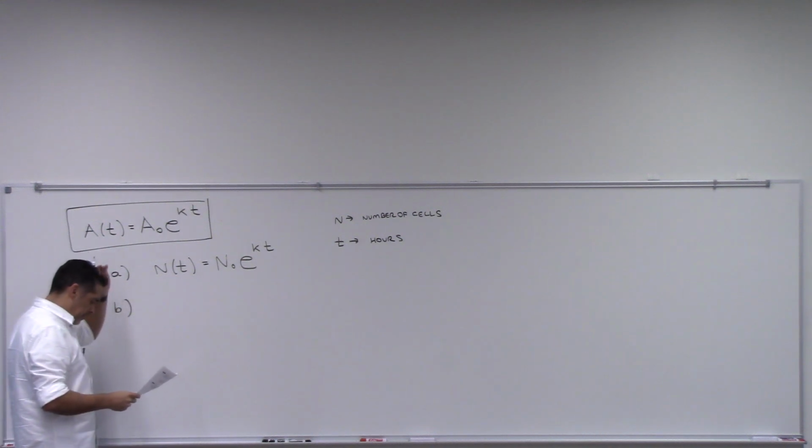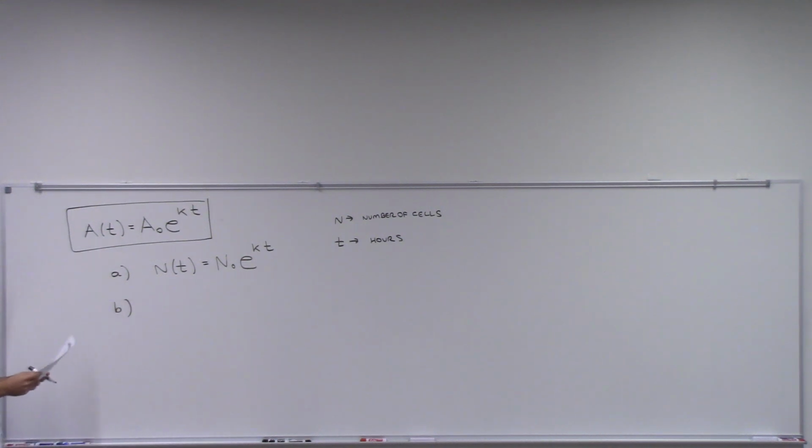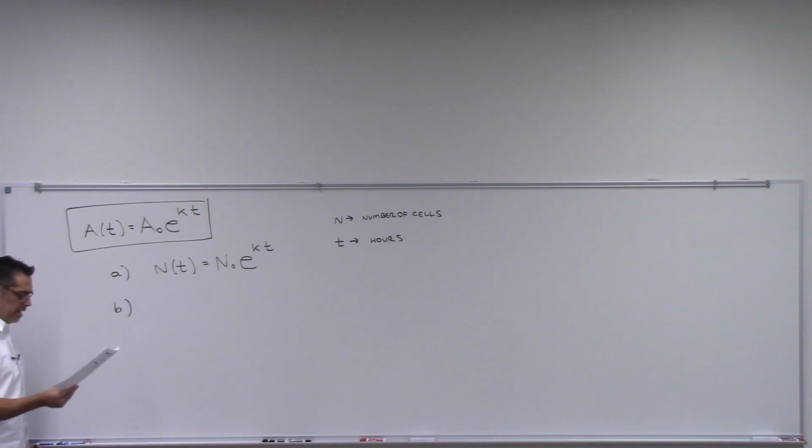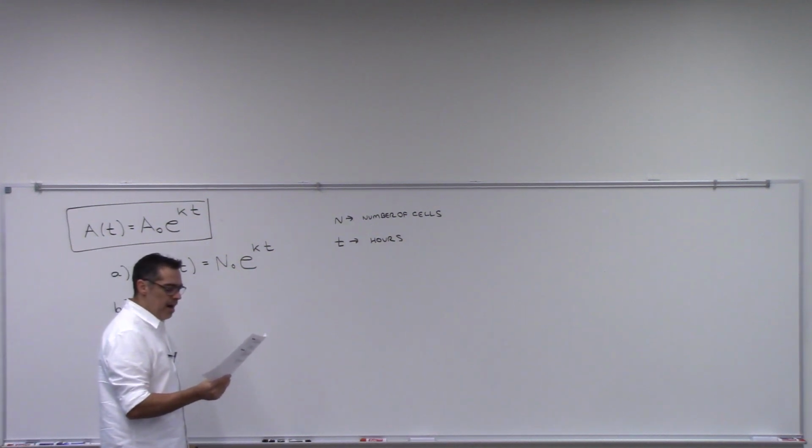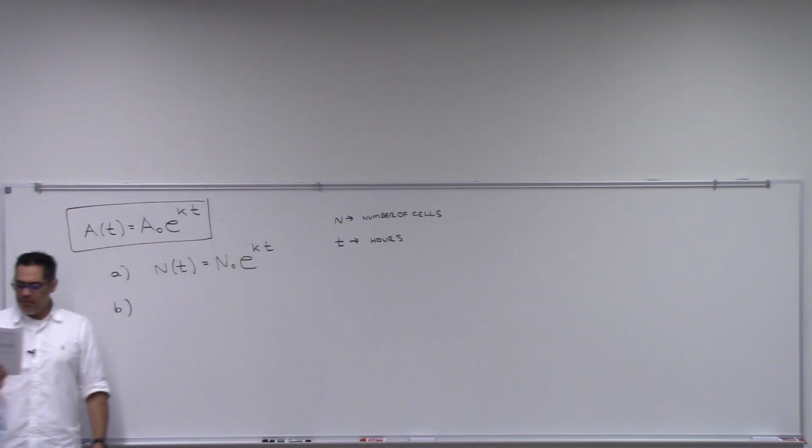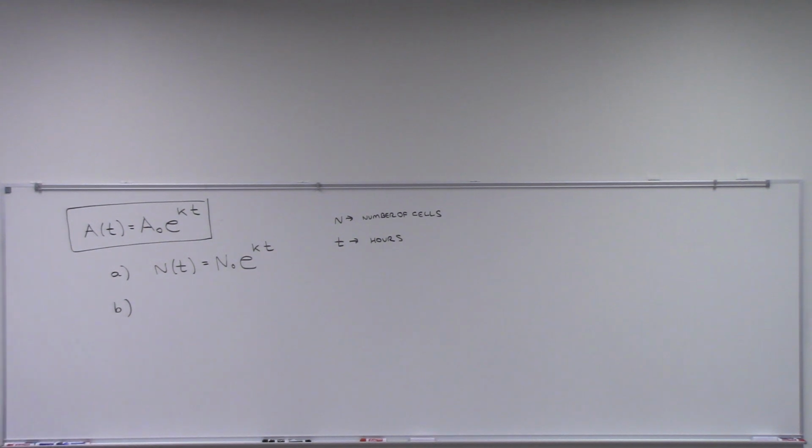Part B. Okay, if the number of bacteria doubles in 3 hours, find the function that gives us the number of cells in this culture. So they're giving us some vital information right now. They're saying that the number of bacteria doubles in 3 hours.